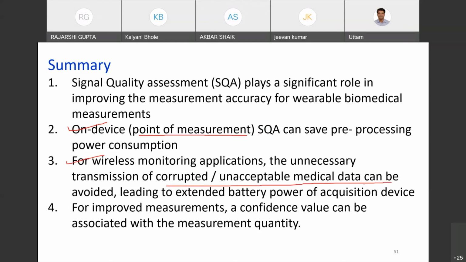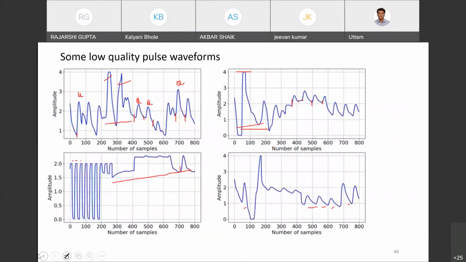Another conclusion we can draw is a good area you can take up, because in this area no research is still available. For improved measurement, a confidence value can be associated with the measurement quality. Suppose we talk about the last one, the beat-to-beat blood pressure measurement.